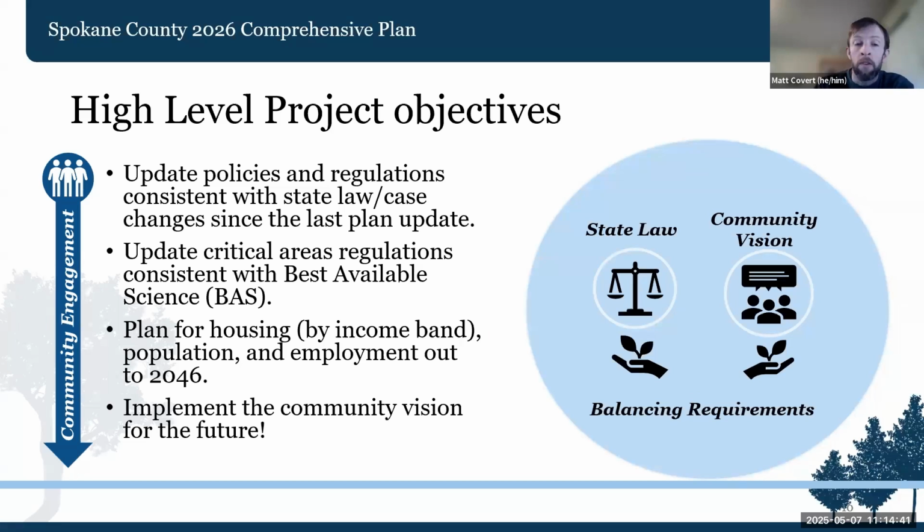There have been new state laws passed, new amendments to the GMA, and new case law, that's Growth Management Hearings Board cases, that have affected what the county can and cannot do since the last plan update. I'd also note here that the last major plan update was more than 20 years ago. There have been some minor amendments since and some hearings board cases that have walked certain parts of it back. But this is going to be the first major update in quite a while, so there's a lot that's changed.